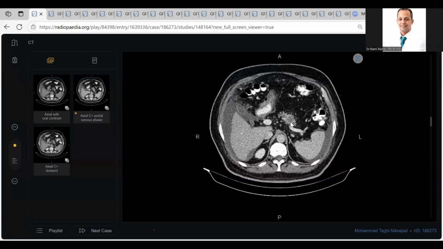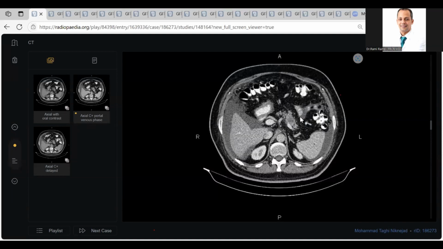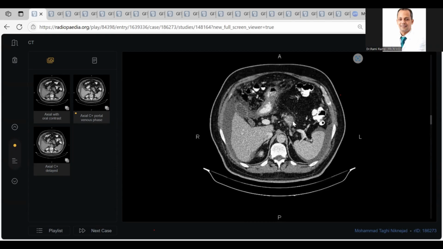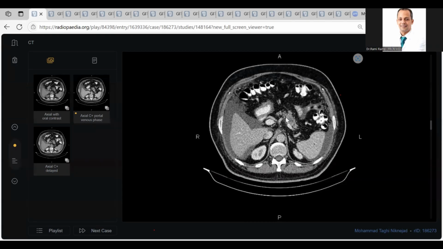See, there is at least a focal bulging here, hypoenhancing focal bulging, actually a focal mass lesion. So, besides this ascites and omental caking, the first possibility is a pancreatic adenocarcinoma with peritoneal metastasis.